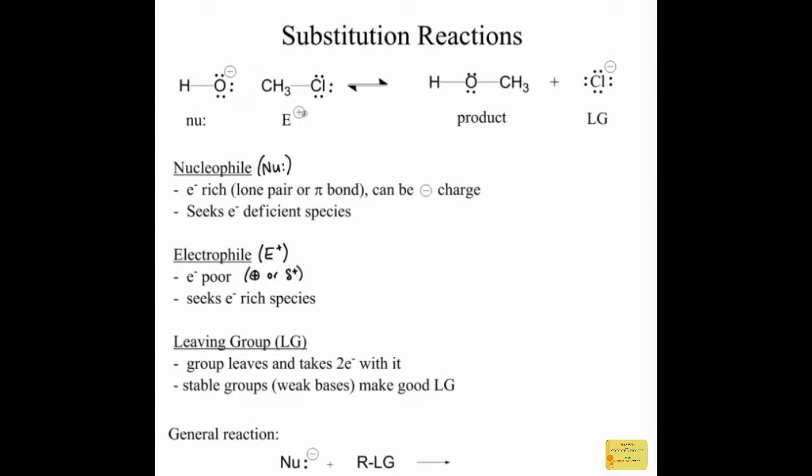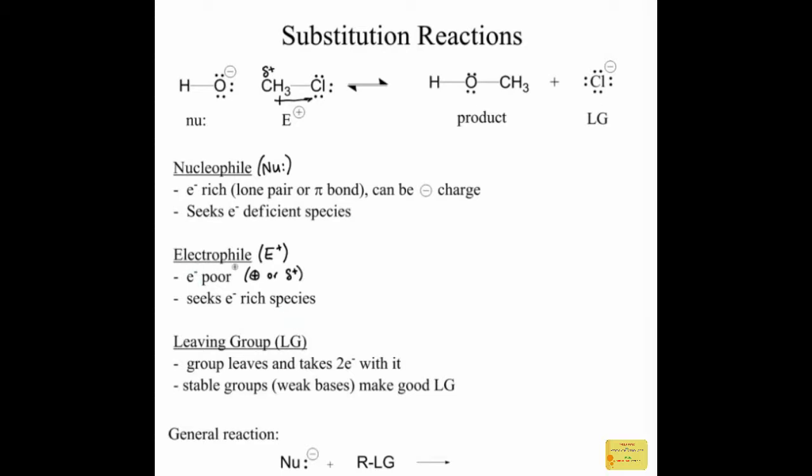And that's true for this electrophile here. It's a neutral species, there are no charges, but because this chlorine is pulling electron density away from the carbon, it is in fact partially positive, and that's what makes it a good electrophile. An electrophile is something that seeks an electron-rich species.